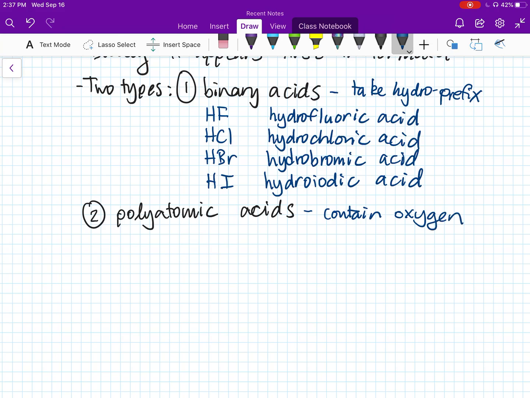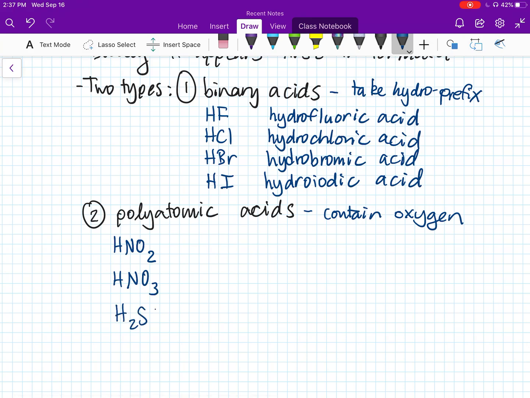So let me give you a bunch of examples of the polyatomic acids. There's a nice table in your book towards the end of section 3-12 that shows these. We have, for example, HNO2, we have these oxygens, and HNO3.